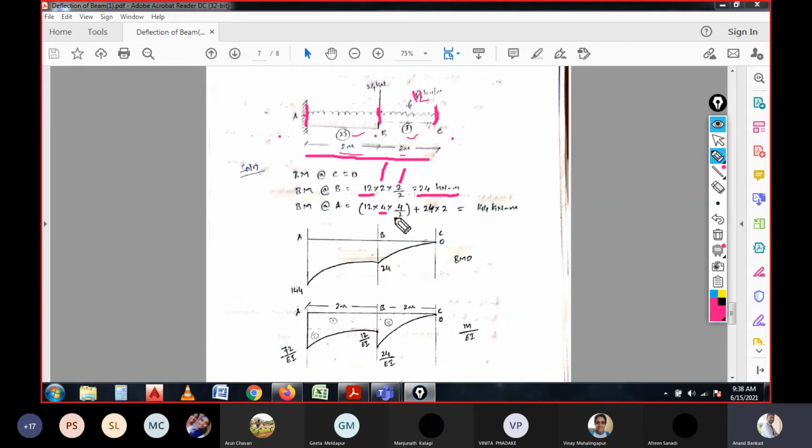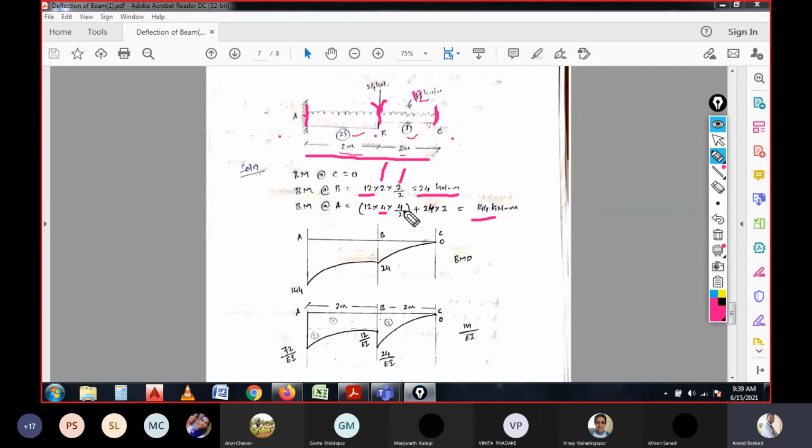That is 12 into 4 into 4 by 2, that is W L into L by 2. Apart from this, we have another load, a 24 kilonewton concentrated load acting at 2 meter distance from A, which is 24 into 2. So the total will be 144 kilonewton meters.